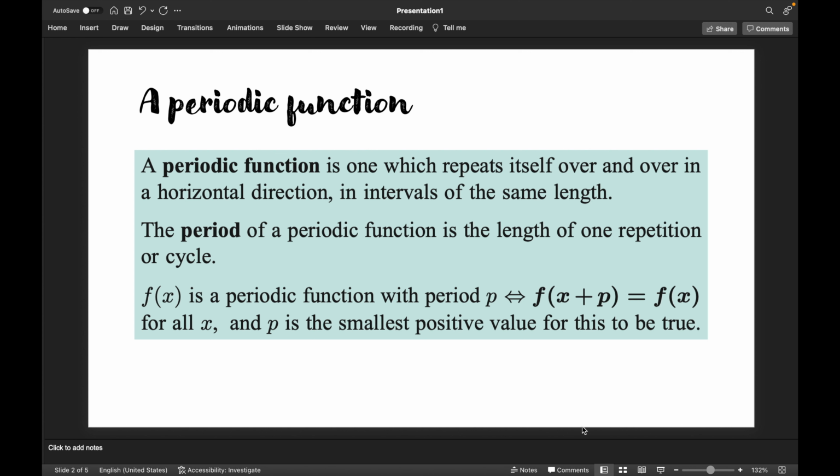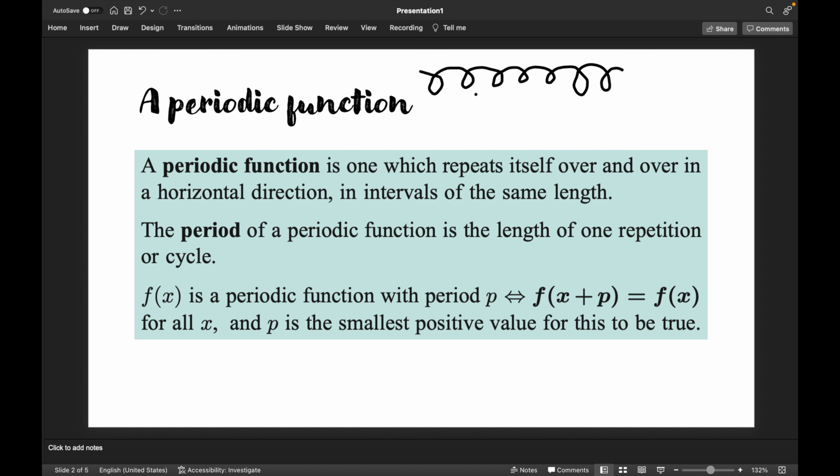A periodic function is defined as a function that repeats itself over and over in the horizontal direction in intervals of the same length. You can see this everywhere you go. So for instance, if you take a wheel, it always goes in this motion, which is a periodic function.